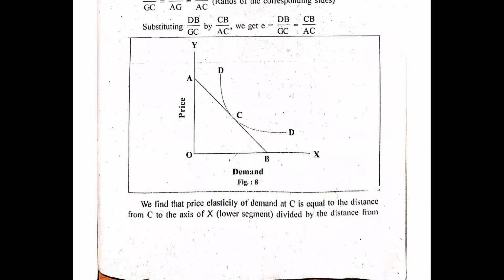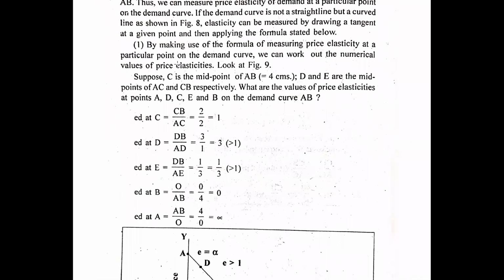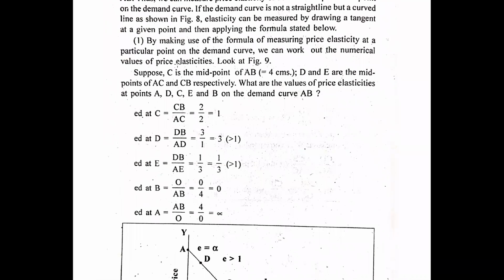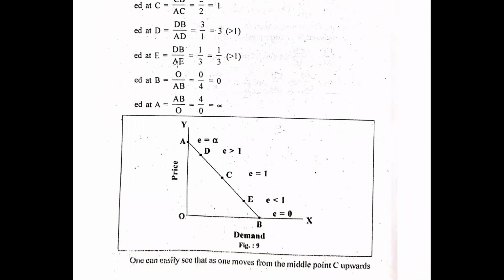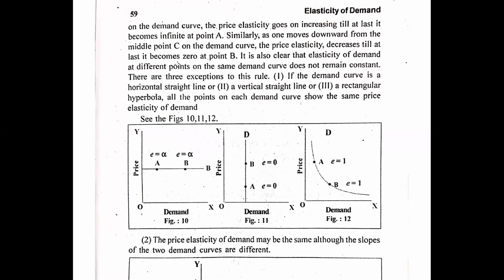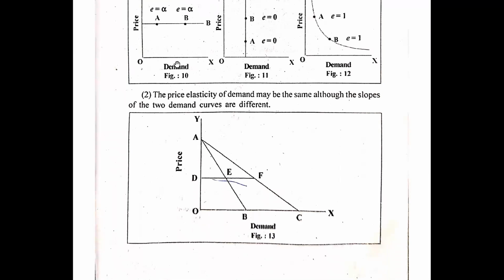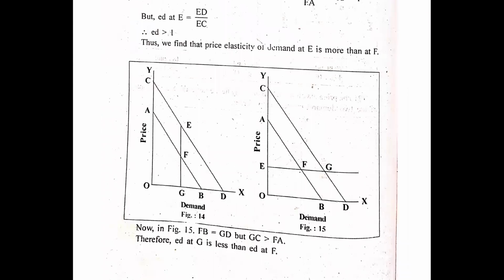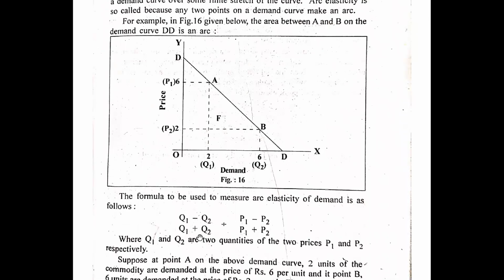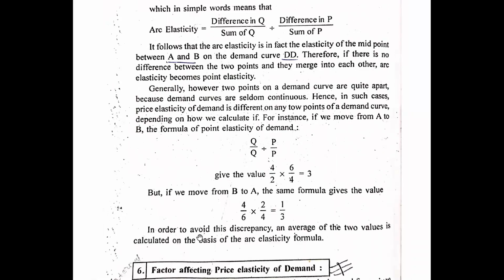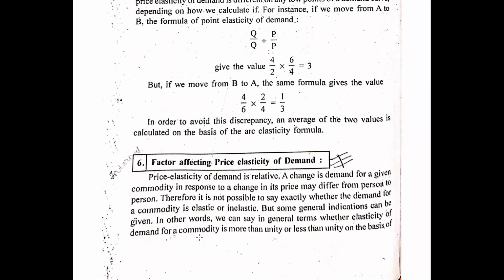I have told you that point elasticity is quite a complex point, but you just need to study it very calmly and patiently, then you will understand it quite well. Then, this is arc elasticity that we have already discussed. And then we were discussing factors affecting price elasticity of demand.